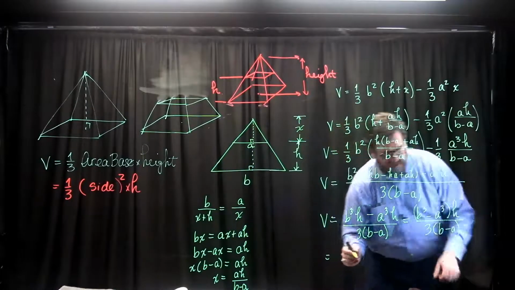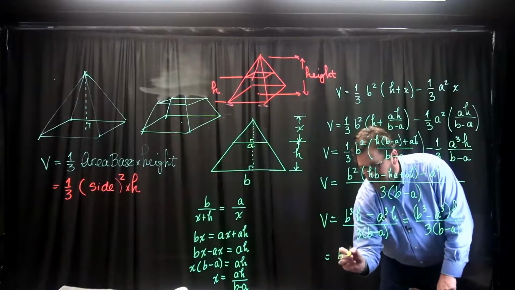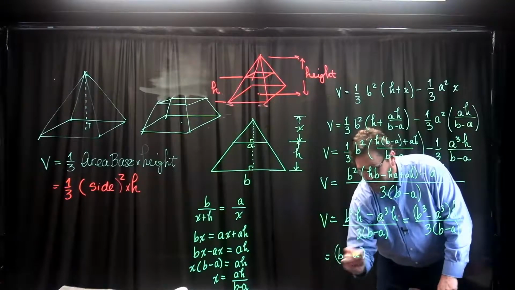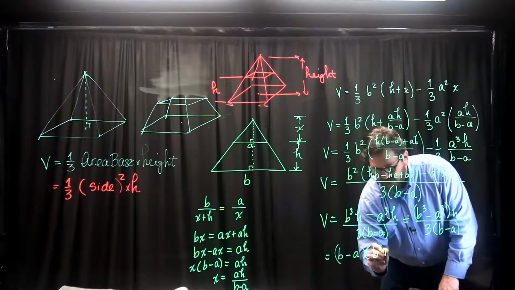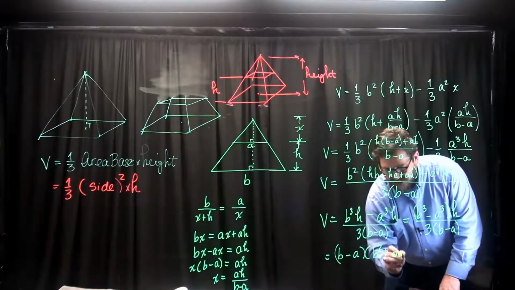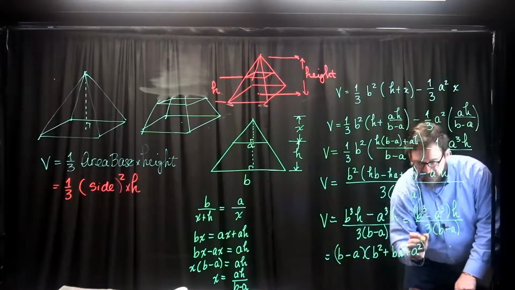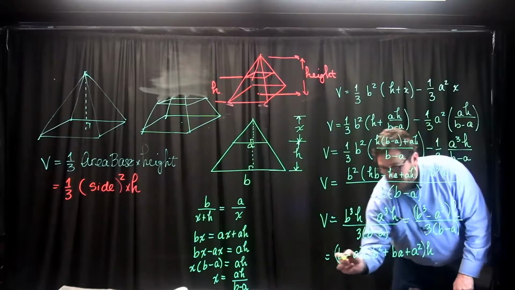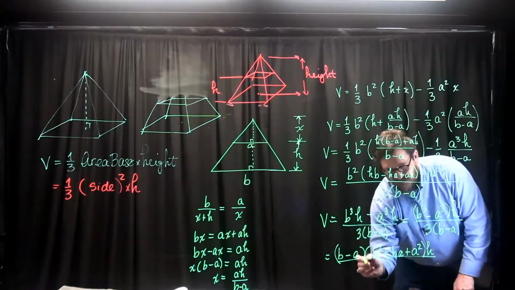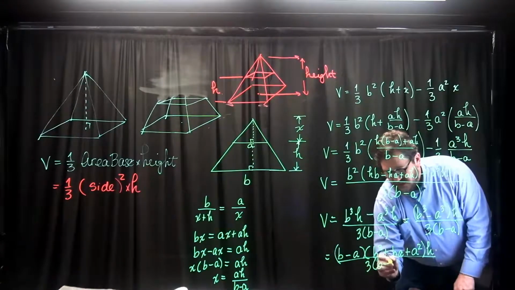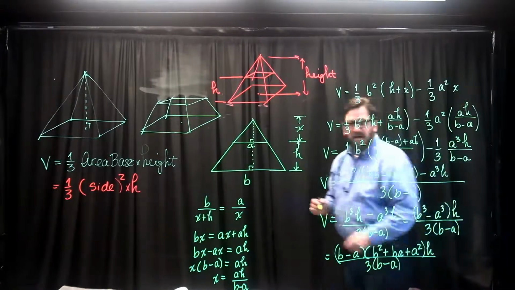So all of a sudden, I'm going to get b minus a times b squared plus b times a plus a squared, don't forget the h, all over 3 times the difference of the bases.